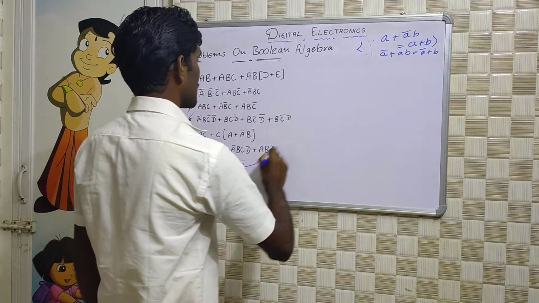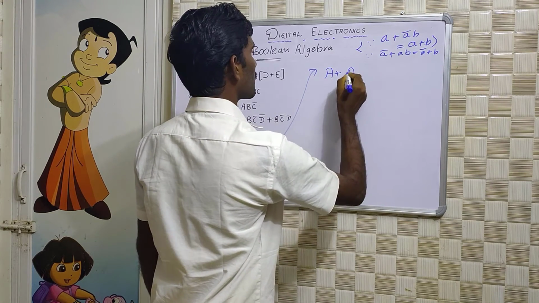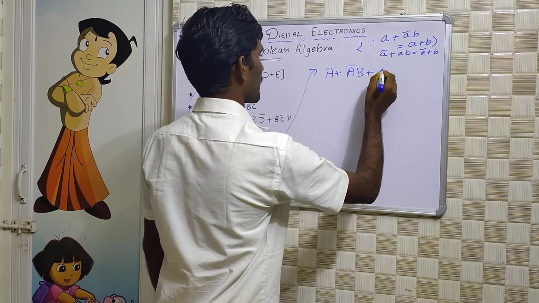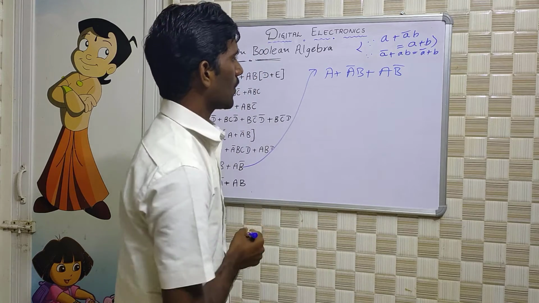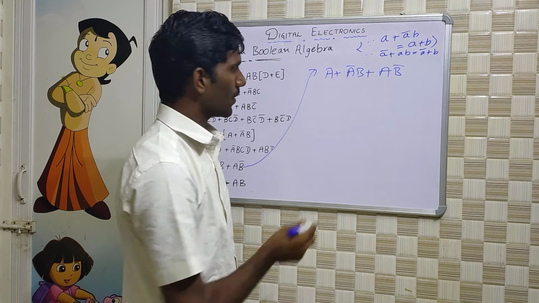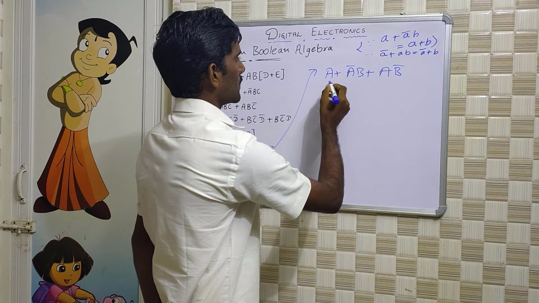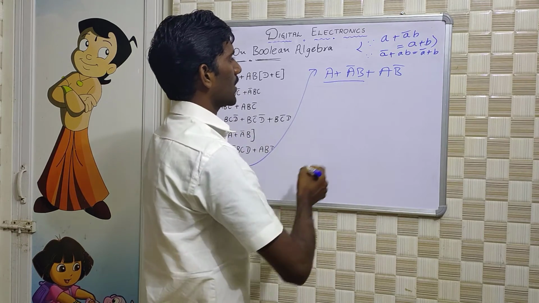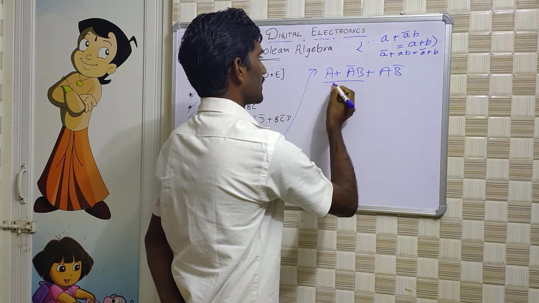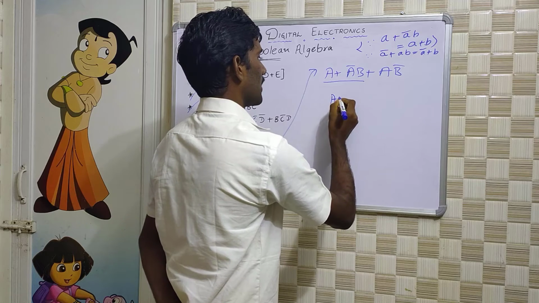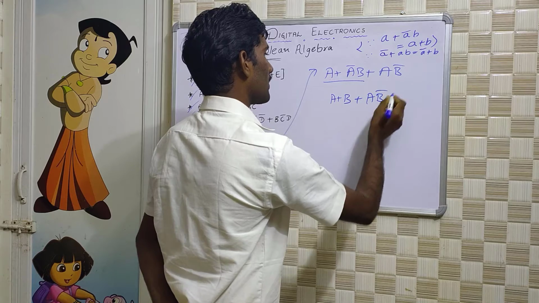The next one is A plus A bar B plus A B bar. So we can apply the formula A plus A bar B is equal to A plus B. So A plus A bar B is equal to A plus B, plus A B bar.